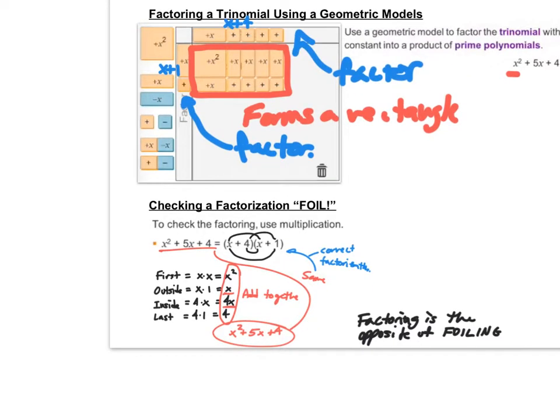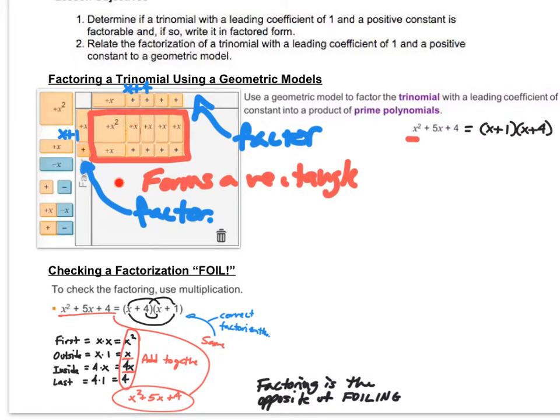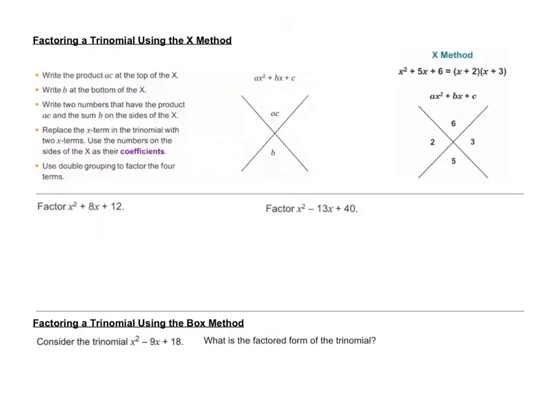So I just wanted to show you, you will be asked to do the geometric model to show that, but we're going to go through and show you a number of different ways to go about this and figure out how to factor it without having to use this method. So the next method that we have is called the X method.